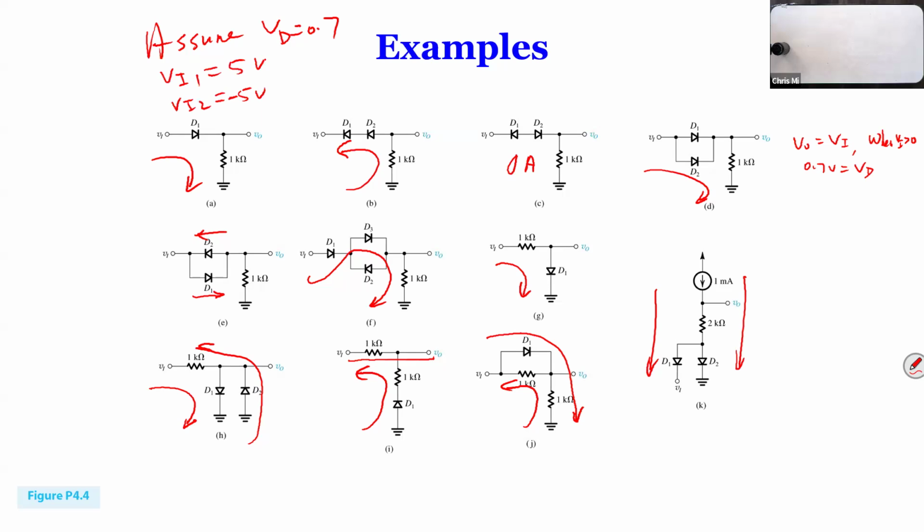We're going to do two rules, VI1, VI2. So how much is VO here? If VI is 5 volts, 4.3. And here, it is negative.